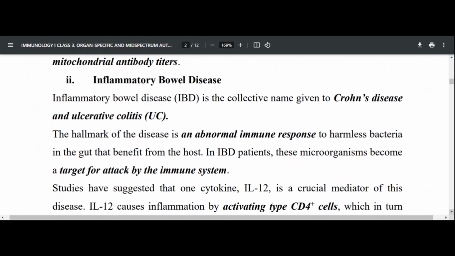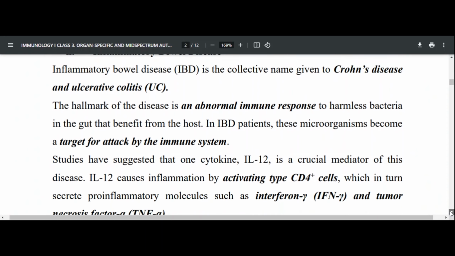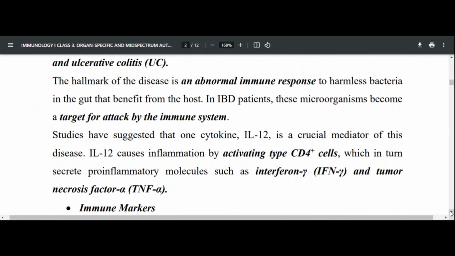Studies have suggested that one cytokine, interleukin 12, is a crucial mediator of this disease, and interleukin 12 can cause inflammation by activating CD4 cells, which in turn produce pro-inflammatory molecules, for example, interferon gamma as well as tumor necrosis factor alpha.